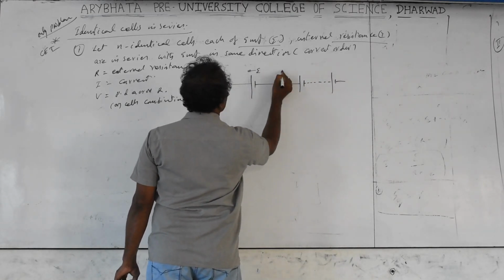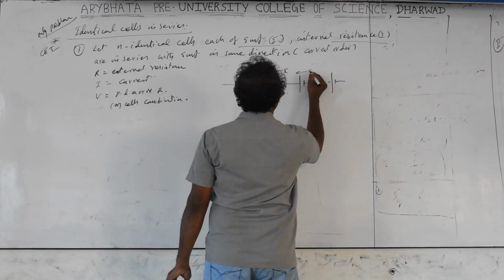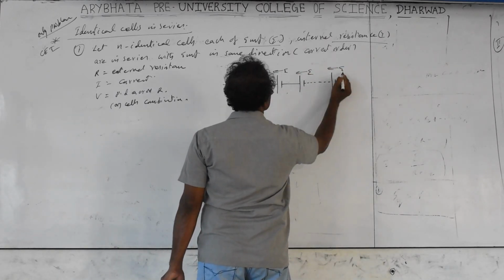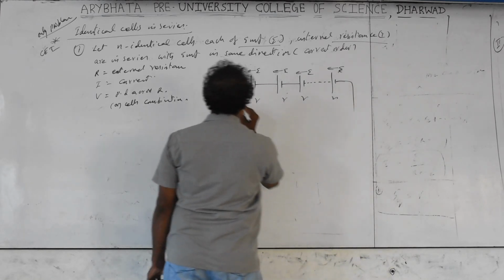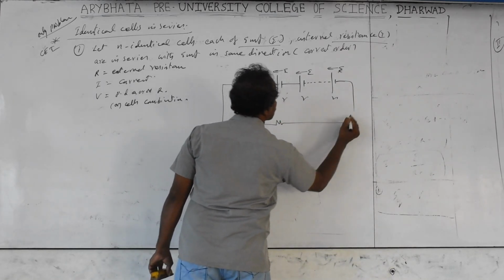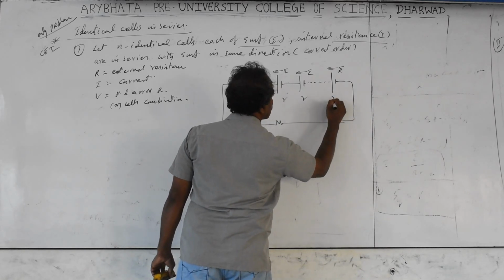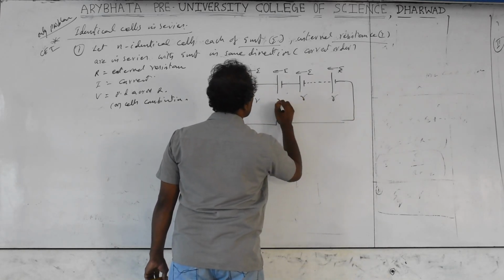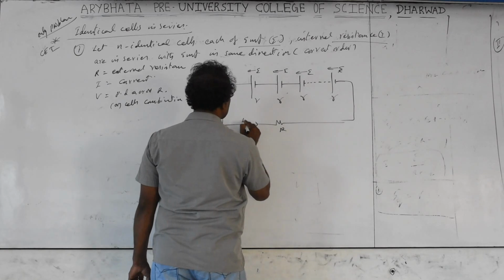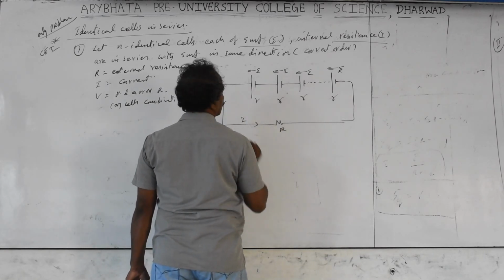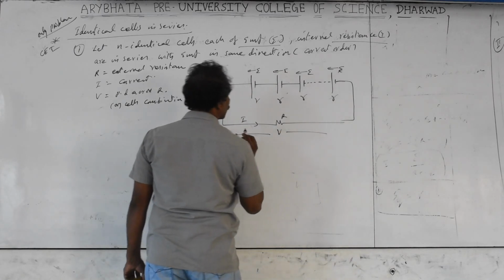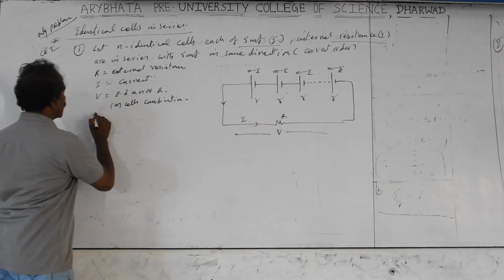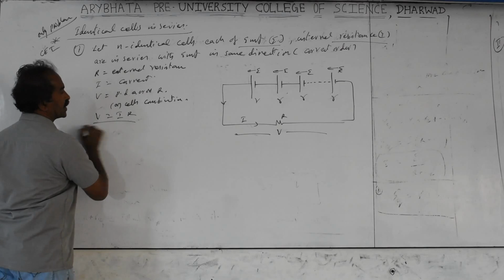This is also E, this is also E. Internal resistances r each, total nr, connected to external resistance R. Current is I. Potential difference is V across this. V equals IR, so we can take the relationship.